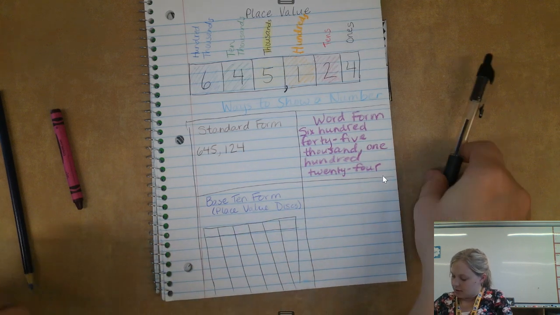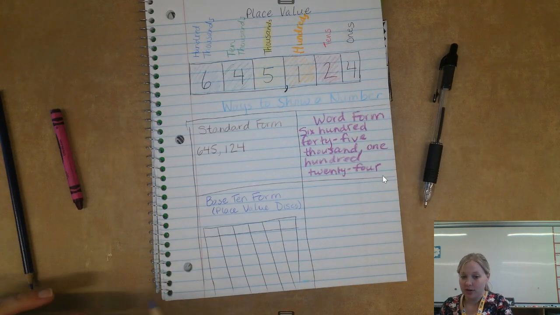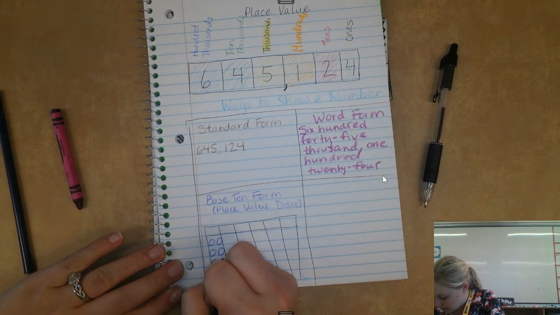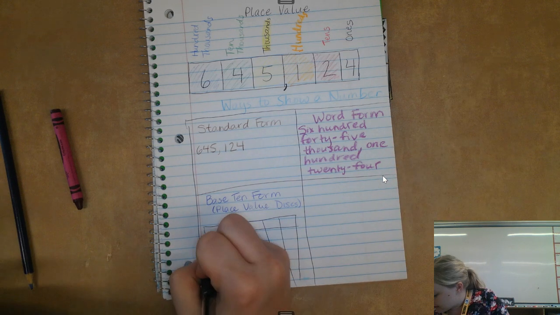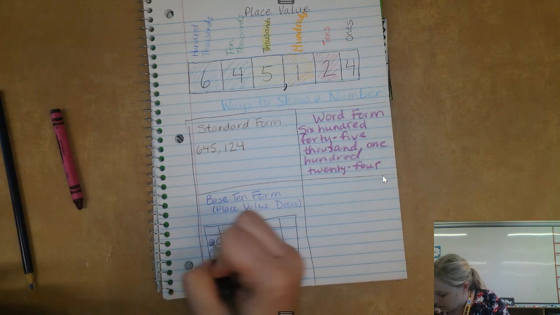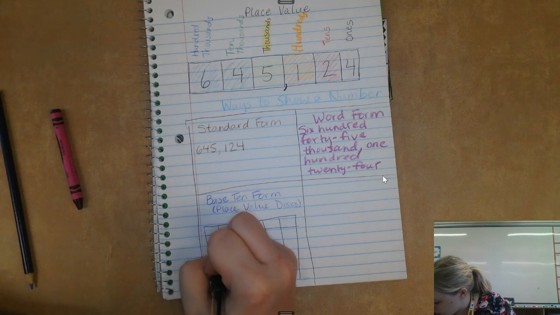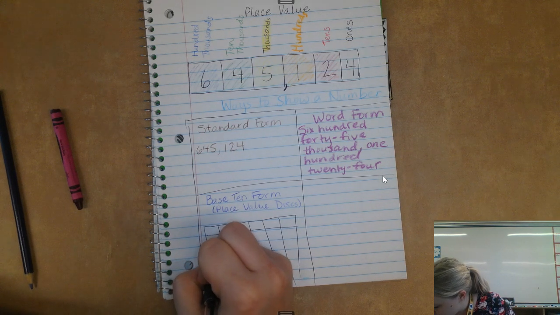So I have 6 100,000s. If you can fit that in there, great. I'm not going to go through all that right now just because of time, but 100,000, 100,000, and so on.